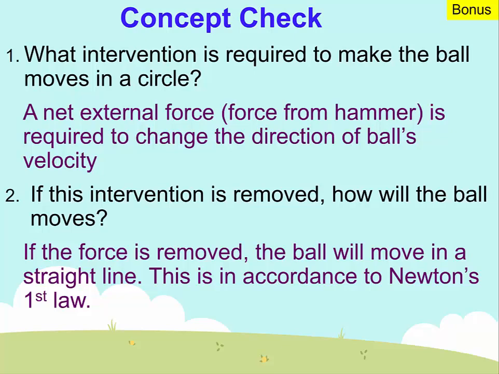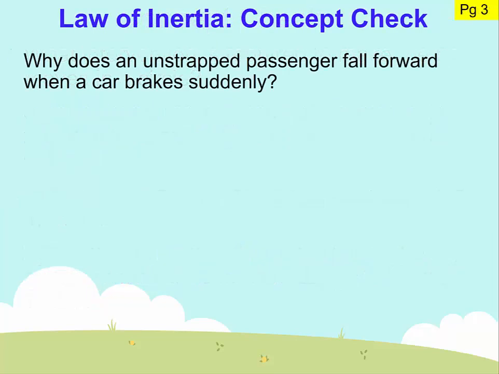And this is in accordance with Newton's first law. When there is no force acting on the body, it should continue its state of rest or continue in a constant velocity. That is also called the law of inertia, Newton's first law of motion.